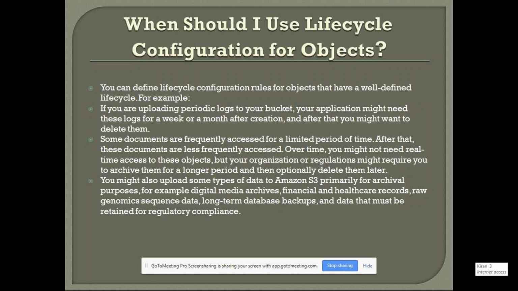And if you overwrite an object, it results in a new object version in the bucket. You can always restore the previous version. Even if you delete or overwrite, the old version will be stored and the new version will also be there in the bucket. So you can always restore the previous version, and if you want, you can keep it or delete it.